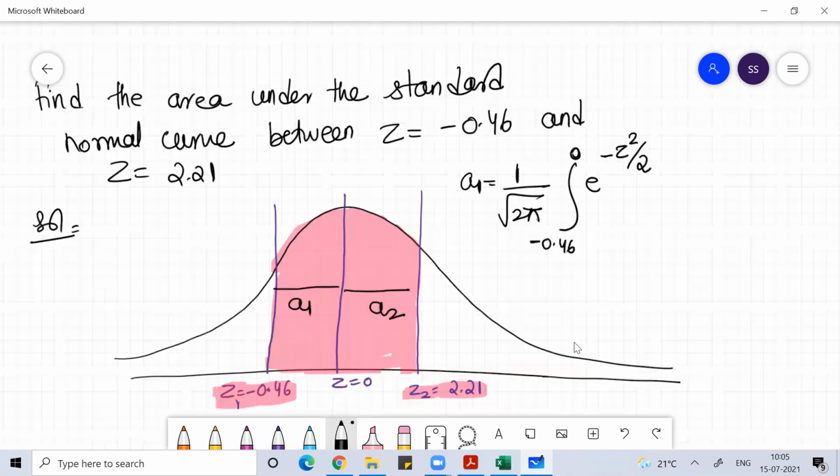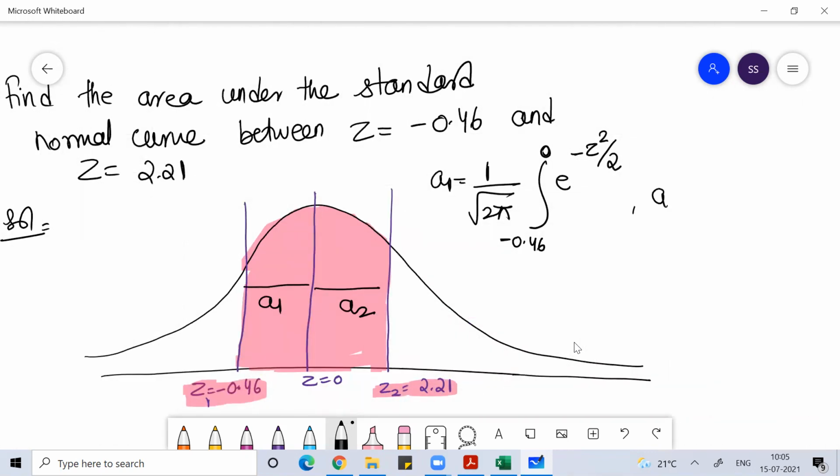And then area A2 will be 1 by root 2 pi, integral from 0 to 2.21, e to the power minus z square by 2. So you get the A1 area, you get the A2 area, and the sum total of their areas is your final area.